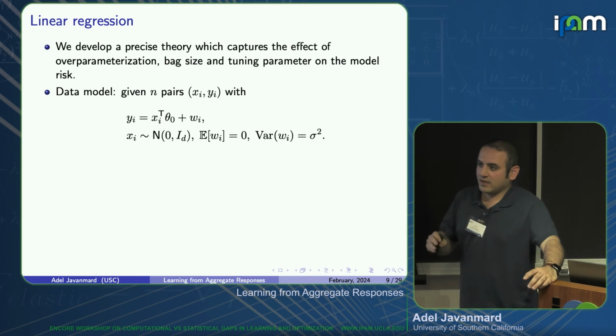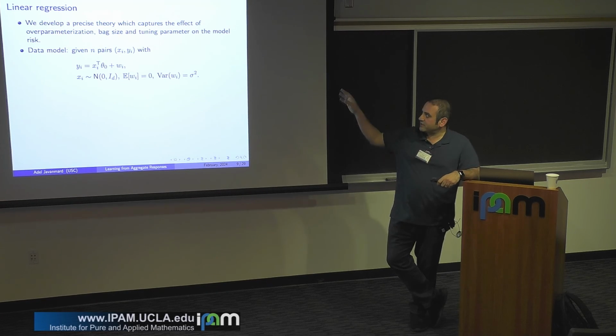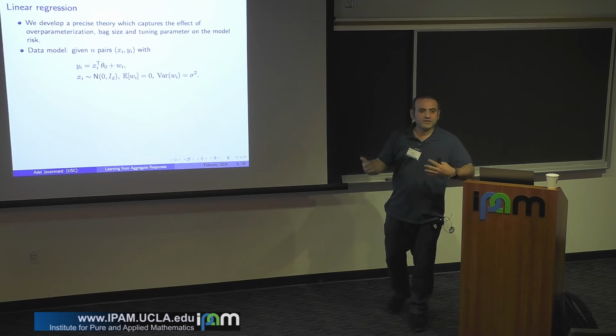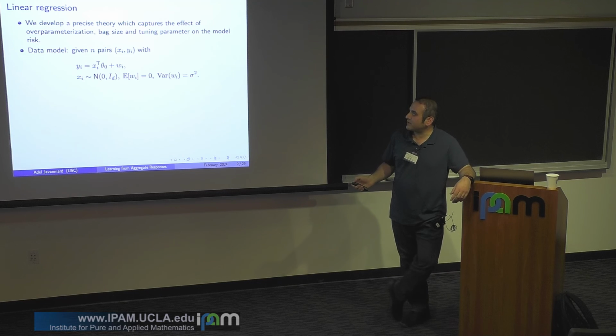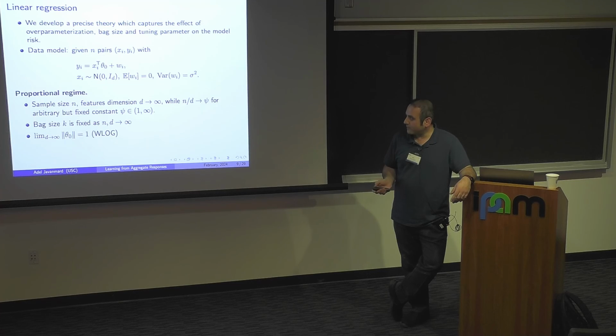Okay, so as I said, we will focus on something very, very simple, a linear regression model. But it's already rich enough that it tells us the intuition that we have, the bias-variance trade-off. So in the usual linear regression model, the data model is that you have n pairs coming from the linear form. Xi are IID Gaussian, and the noise is also zero mean with variance sigma squared.